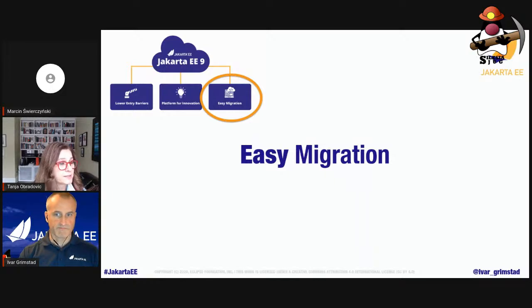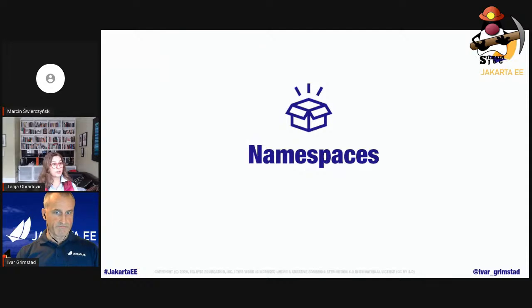Also, I think it is very important to stress that considering that we were working through the newly established specification development process, it was a very good practice to go through the process again and tweak whatever needed tweaking. So yeah, that is what Jakarta is all about. So why don't you, Ivar, talk a little bit more about the namespace change? I mentioned it a little bit, but maybe you can.